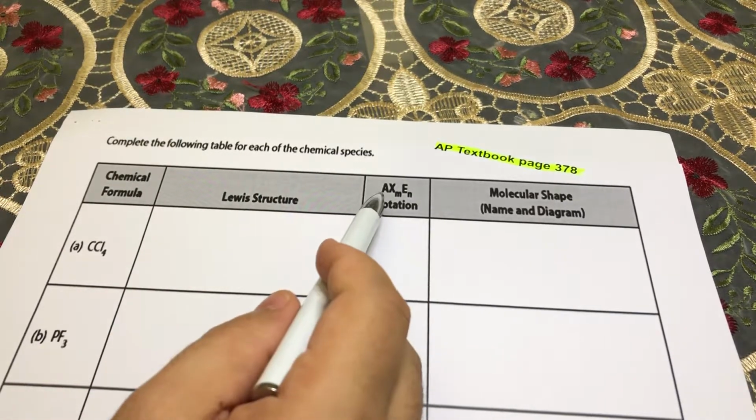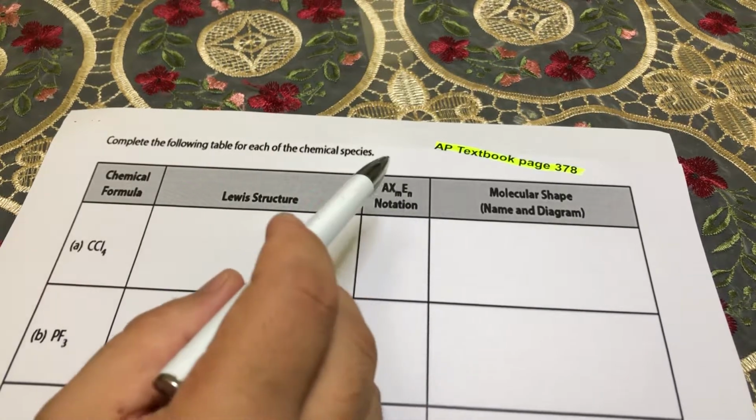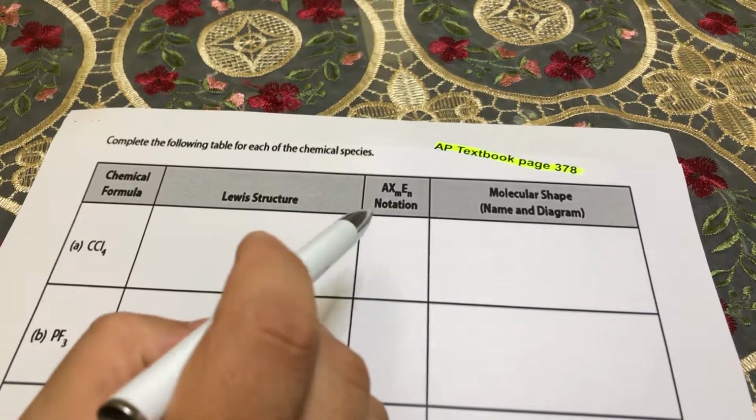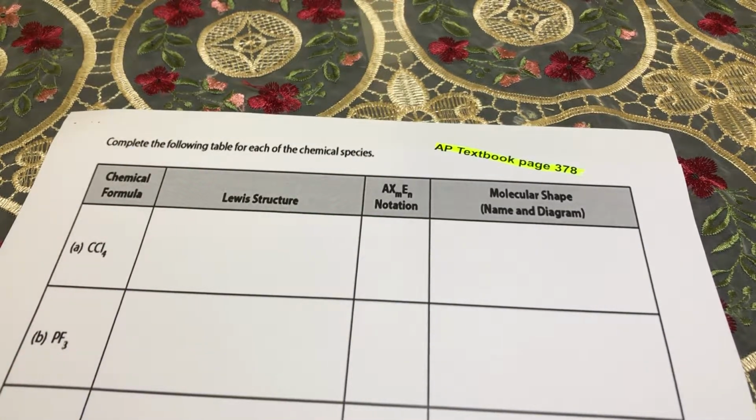A is the central atom, X is the bonded atoms, and E is the lone pair electrons, or unbonded electrons. After that, we should draw the molecular shape and name it. Let's go. Start with CCl4.